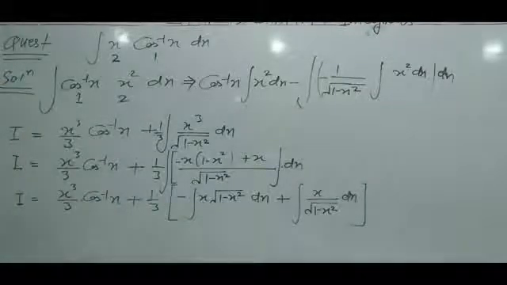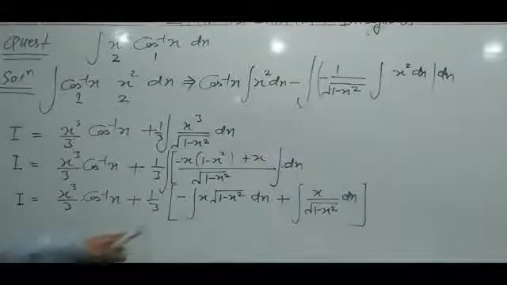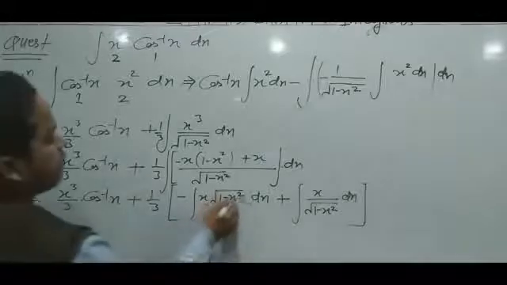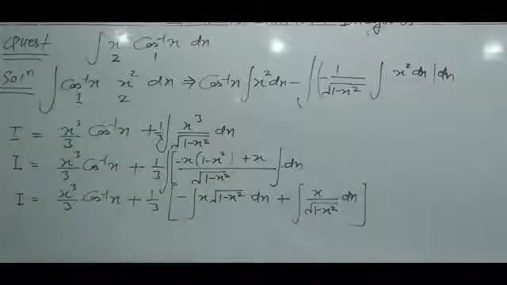Now what do we have to do? In this question, x times power 1 by 2, so we consider 1 minus x square as t. Then t to the power 1 by 2 gives 3 by 2 power 3 by 2 whole upon 3 by 2, and minus 2x dx.